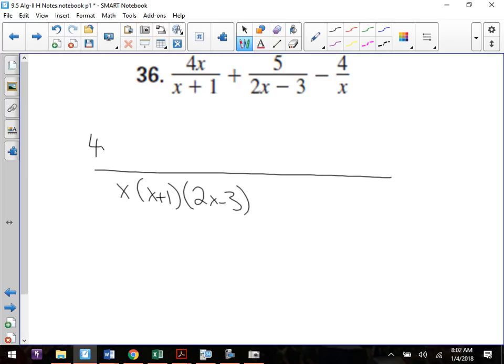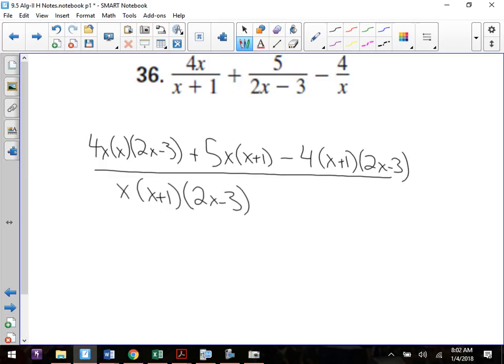It needs the x and the 2x minus 3. The one in the middle needs the x and the x plus 1. The one on the end needs the x plus 1 and the 2x minus 3. So this one just winds up being a whole bunch of distributive properties. It's not going to be overly complicated. You'll just probably mess up a sign somewhere.